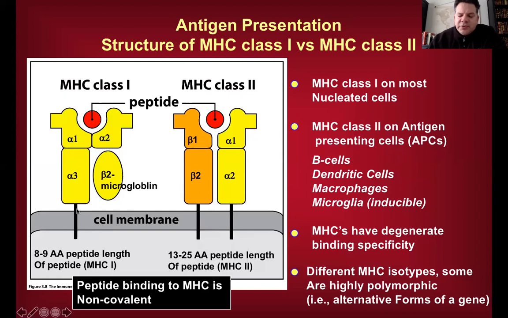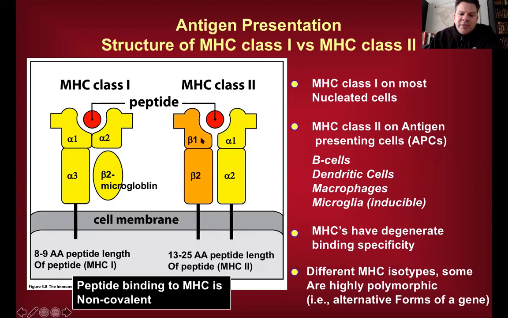So oftentimes when you look at immunology textbooks, you'll see it in this designation. There's just one transmembrane domain. Then there's something called beta 2 microglobulin, which basically stabilizes it at the cell membrane. And so this represents the MHC class 1. And you see the peptide here fits in this binding cleft.